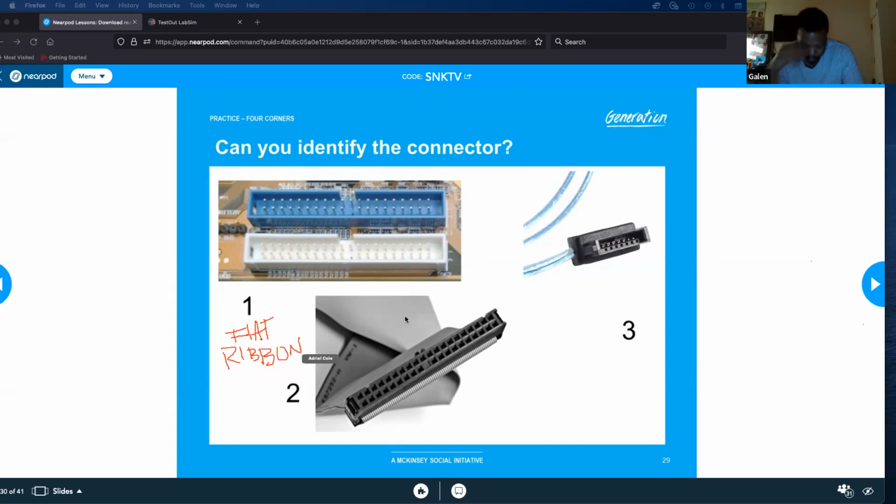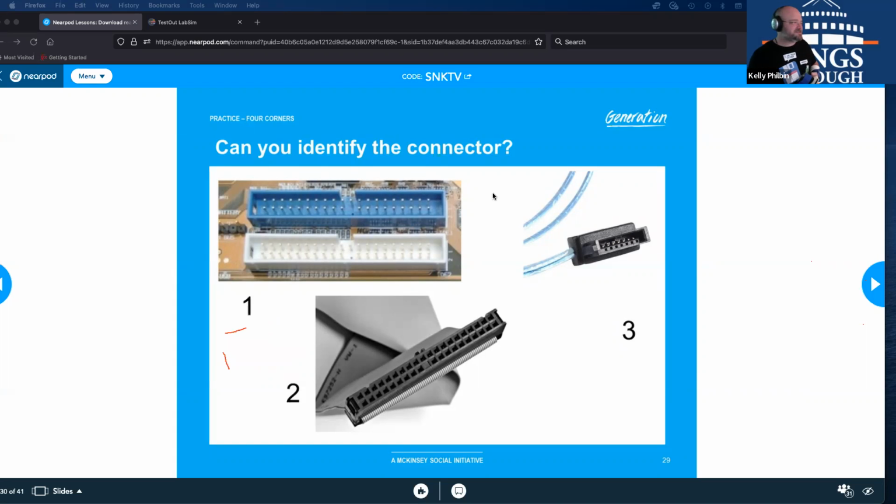Oh, that is PATA. PATA. Perfect. Thanks. And then finally, we have number 3. Ian, can you please tell us what is number 3, please?